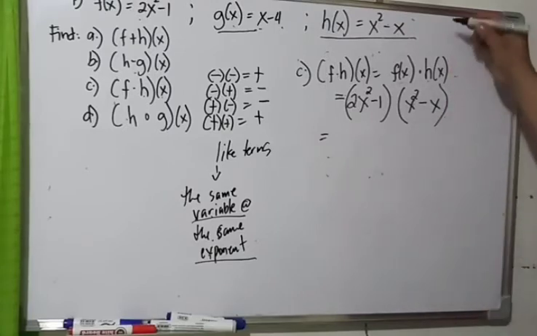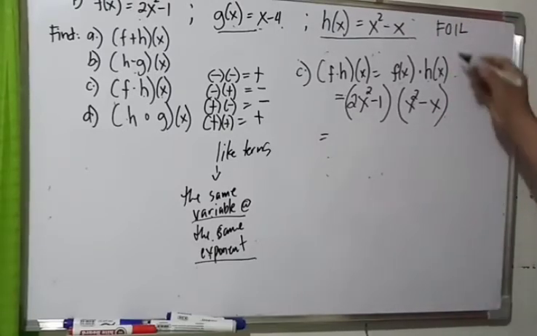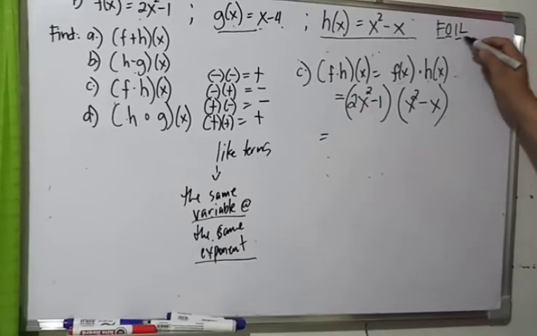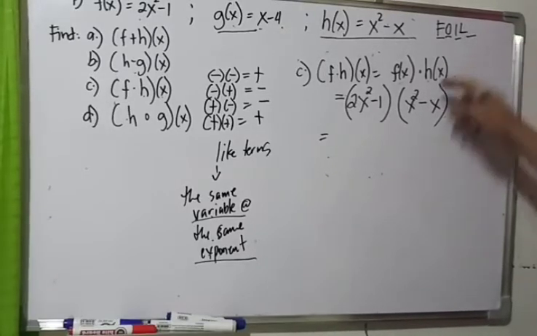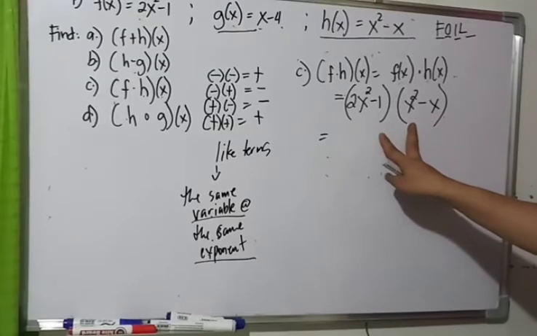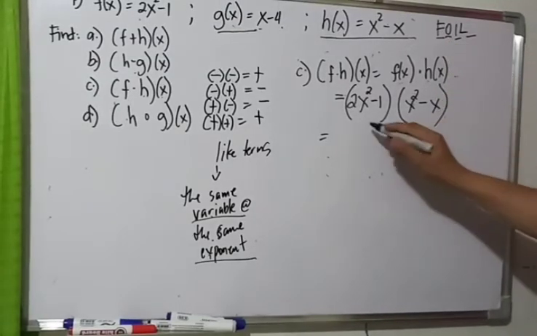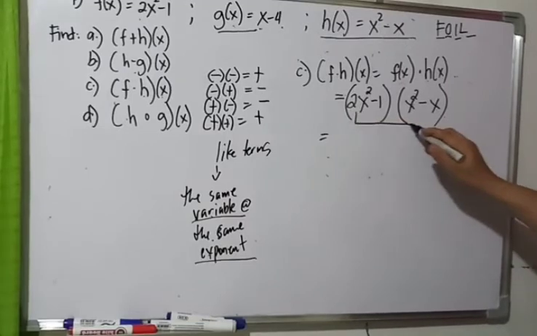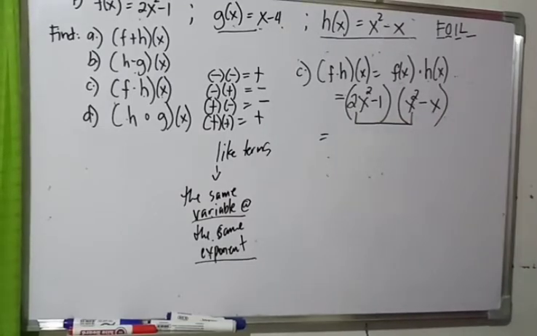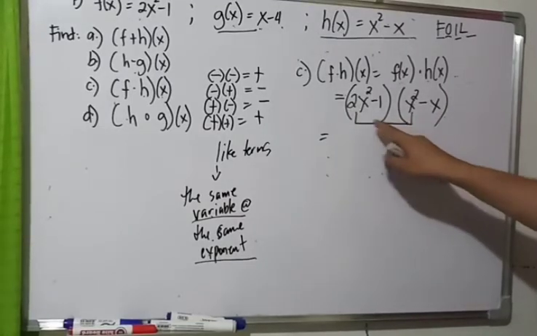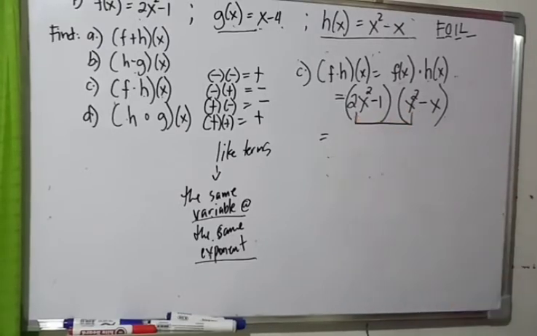So, alam nyo ba yung FOIL? FOIL method. So that is first, outer, inner, and last. So magamit natin dito sa given na to. So first, ito 2x squared times x squared. Iba yung when you multiply this number with variable, iba yan sa addition.